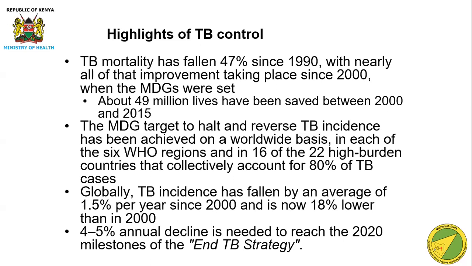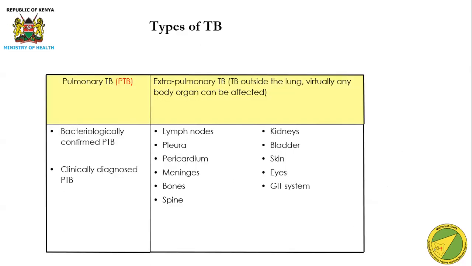Generally, a 4 to 5% annual decline is needed to reach the 2020 milestone of the NTP strategy. So generally, we divide TB into 2: TB within the lung, that is pulmonary TB, and extrapulmonary TB, which is TB outside the lung cavity.